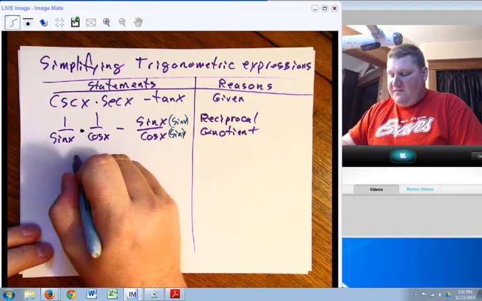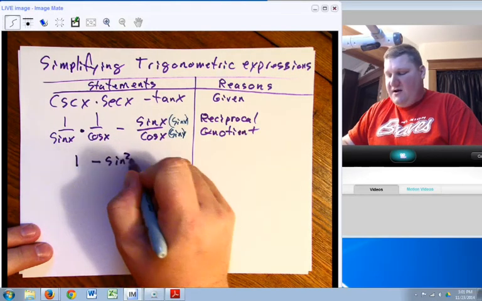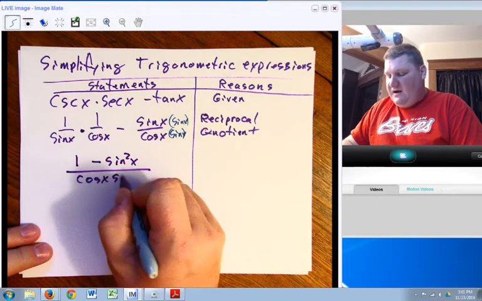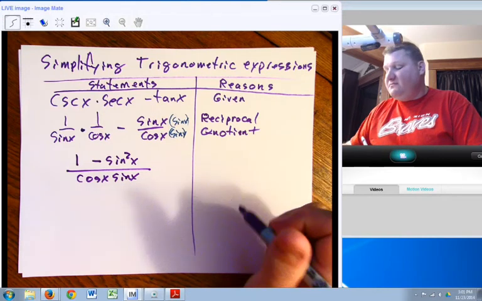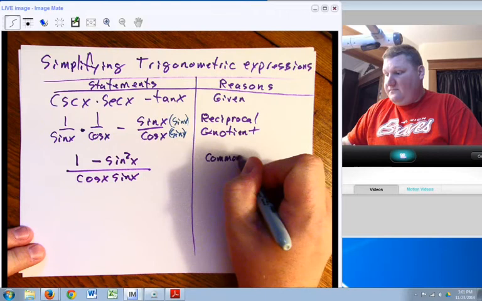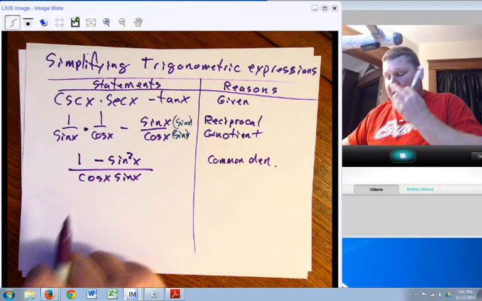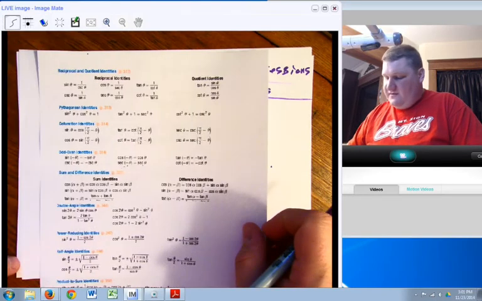That gives me 1 minus sine squared x over cosine x sine x. That is nothing more than fractions, folks. Nothing more than fractions. And my reason is I found common denominators.